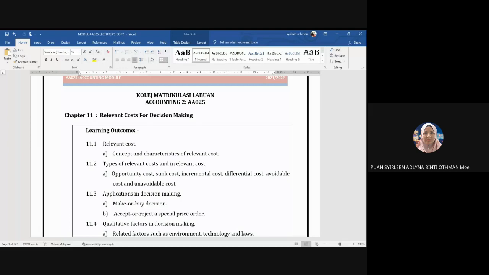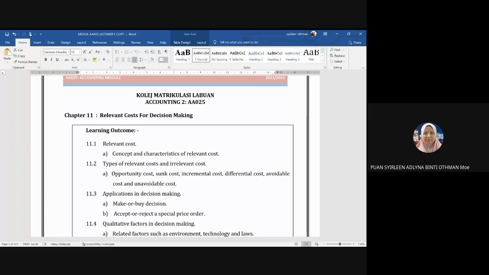Okay, so in this topic, kita tak ada like method, ataupun cara lah. Contoh macam kalau topik 4, you have mathematical equation method and you have contribution margin method. So for chapter 11 ni, we don't call it method lah. Kita panggil dia sebagai alternative.